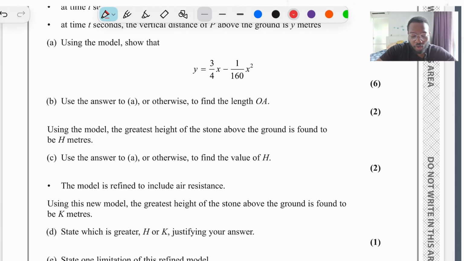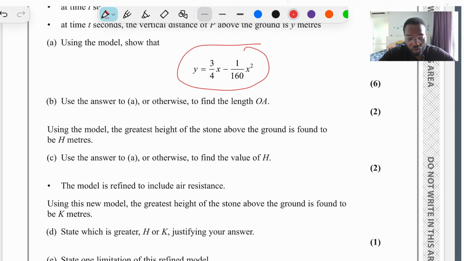So what do we do now? Well, we know that we're dealing with a quadratic equation here, okay? We want to find the greatest height. With this type of question, it's just a very normal quadratic graph, right? To work out the greatest height, there's other ways we can do it. You could differentiate this and then equal it to 0, work out what your x value is.